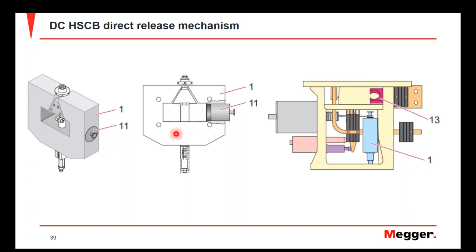And what will happen is when it senses an overcurrent condition, this magnet here will move upwards and hit a fork, a mechanical fork that will force it open. And this happens, like we saw in the curve earlier, very quickly. And it happens in a way that even though this closing coil is holding the breaker shut, it overrides that and forces it open.